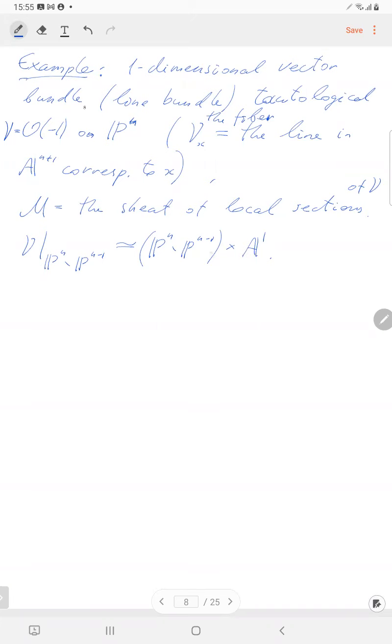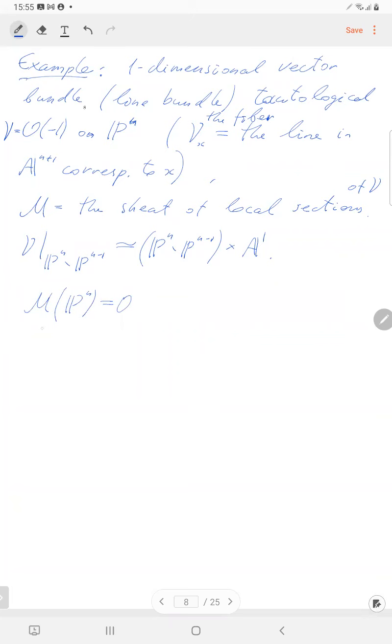The sections of the trivial A^1 bundle are just functions, and in this sense this sheaf of sections will be locally trivial of rank 1. But it's only locally trivial. Globally, it's not trivial at all, and there are no global sections at all. The sections M of P^n itself are just 0. I mean, there is no way to coherently choose a vector in any line.